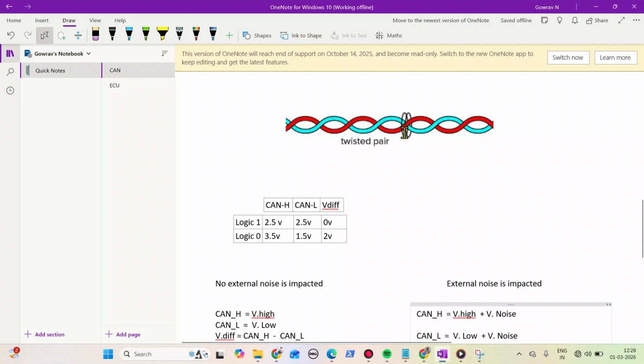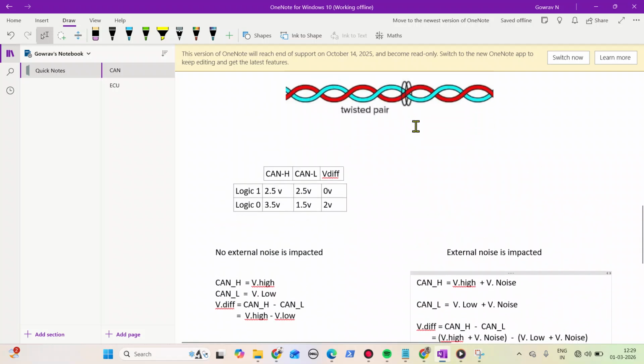Whatever magnetic flux is affecting here, it will affect both the wires in the same way, so that the same voltage gets induced in both wires. It's not like two different wires at two different locations or different points. At any point both wires will get the same impact, because they are twisted that closely.